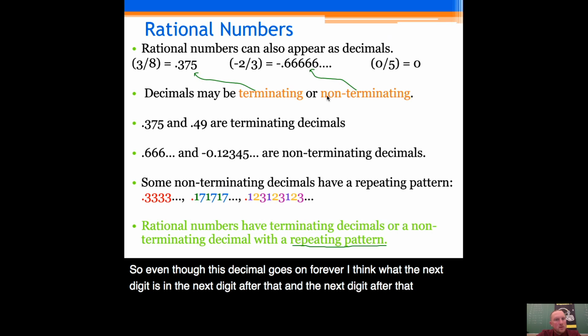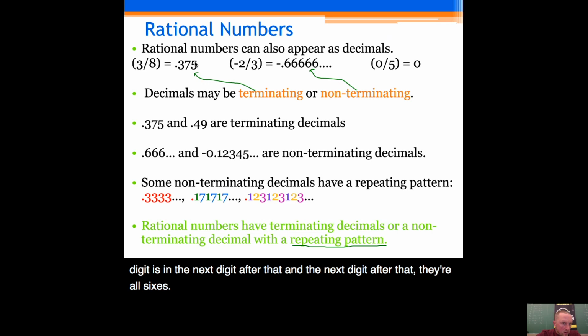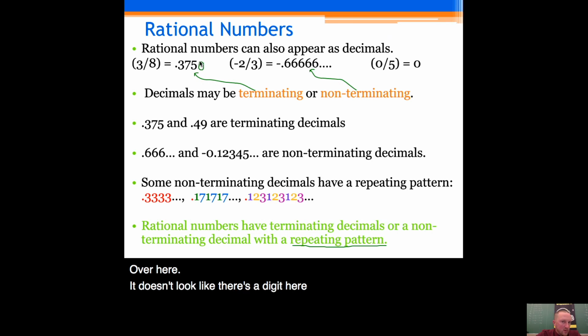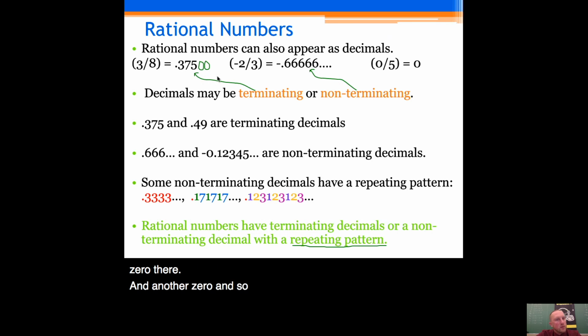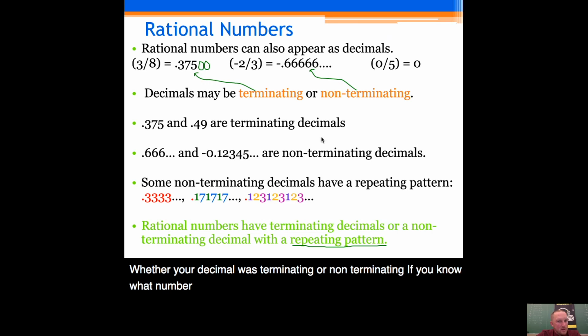They're all sixes. Over here, it doesn't look like there's a digit here, but remember, there's really a 0 there, and another 0, and so on and so forth. Whether your decimal is terminating or non-terminating, if you know what number comes next, it's going to be a rational number because it's going to have a repeating pattern.